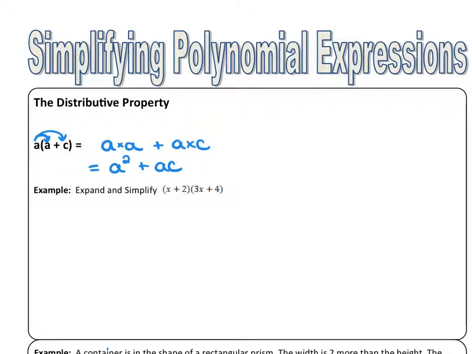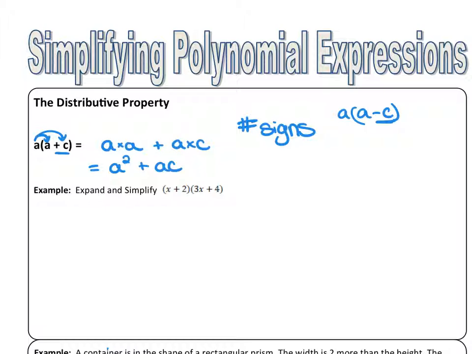Now, the biggest point, or the thing to remember, is watch your signs. I'm going to hashtag that, because you want to make sure that if you have positive and negative signs, you're multiplying them correctly. So for example, because this has a plus sign in front of the c, the plus stays with the c. If it was a minus c, that minus stays with that c.